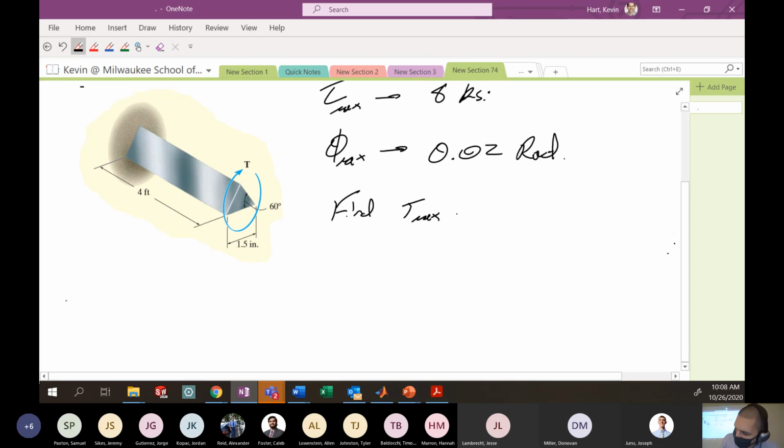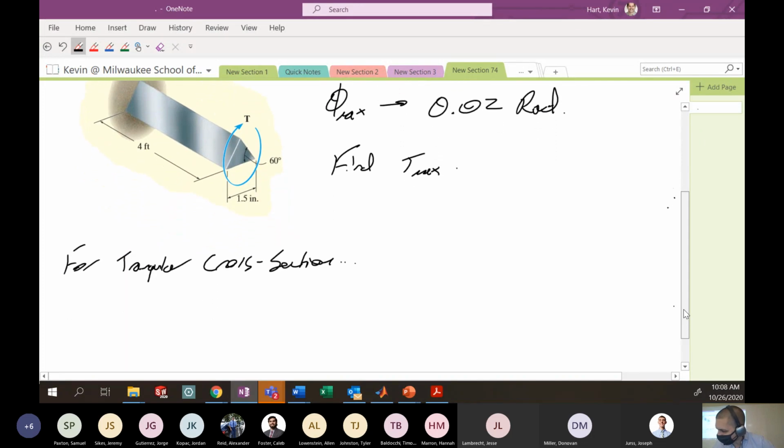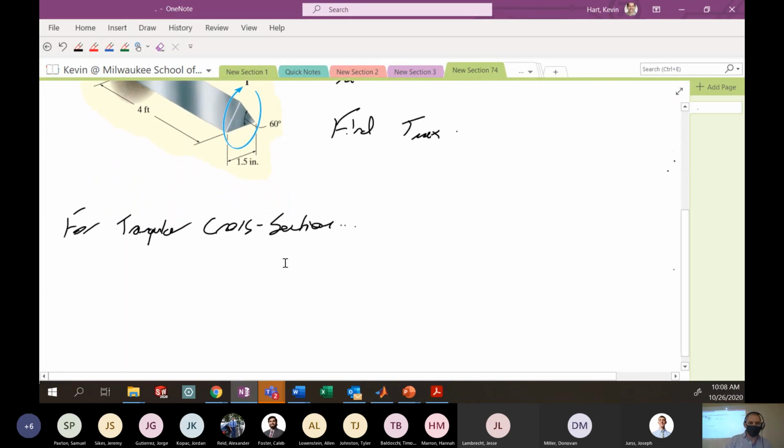For a triangular member, since we have this equilateral triangle, we can go to that chart that I showed before. Let's just pop that in really quick, as a reminder.